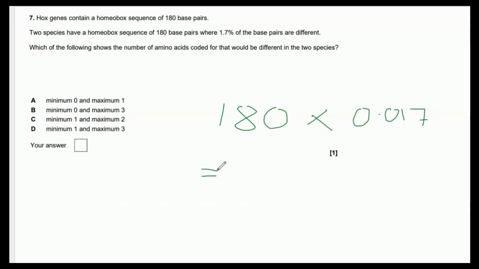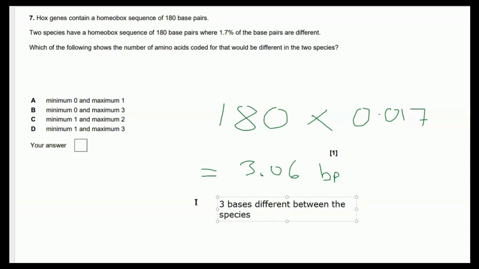So 180, I'm going to times by 0.017, and that's just my little cheat code. So 0.017 times 180 gives me 3.06 base pairs that are going to be different. So if there are 3 bases different between the species, how many different amino acids can you make from 3 altered bases?